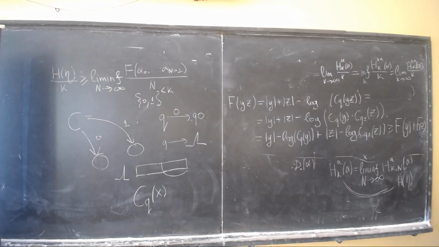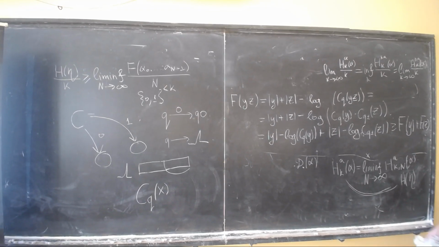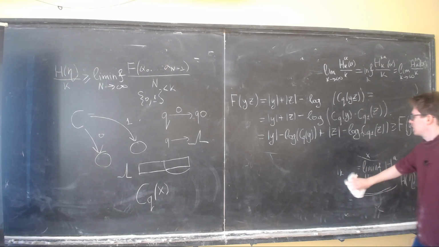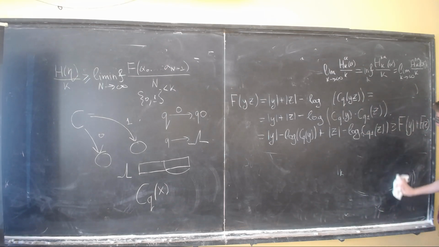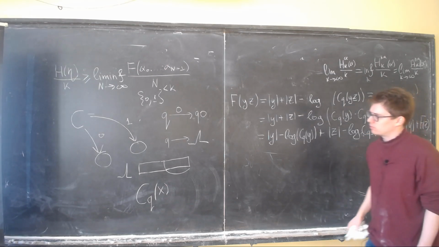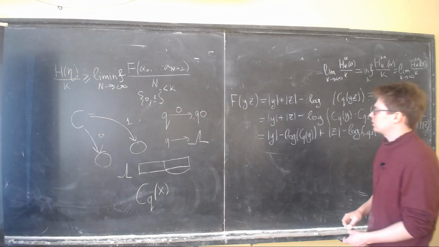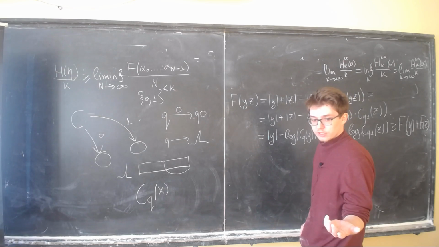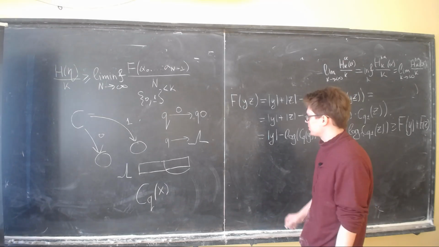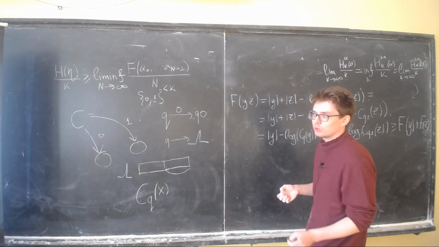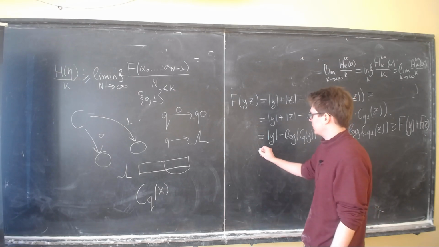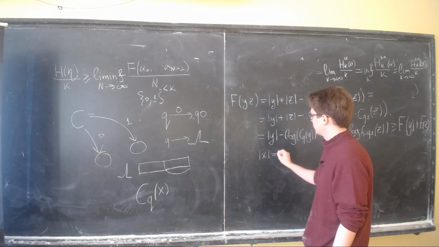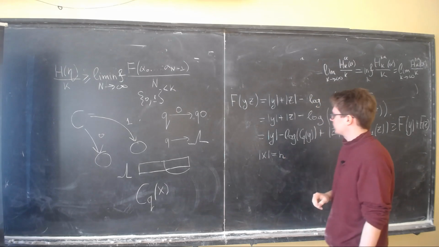Okay, the next thing we should verify is the calibration property. The calibration property is that the sum of 2 to the minus f of x over all x's of the same length is bounded by a constant. So what is 2 to the minus f of x? Let's suppose that the length of x is n.